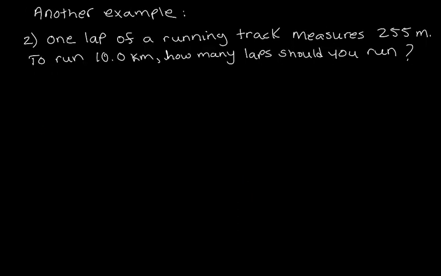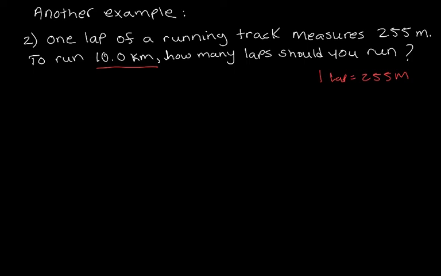Okay, let's do another example. If 1 lap of a running track measures 255 meters, to run 10 kilometers, how many laps should you run? In this case, we're going to say our starting point is the 10 kilometers. And 1 lap is 255 meters.